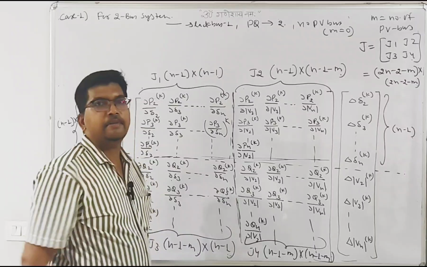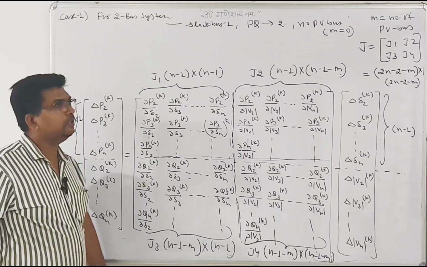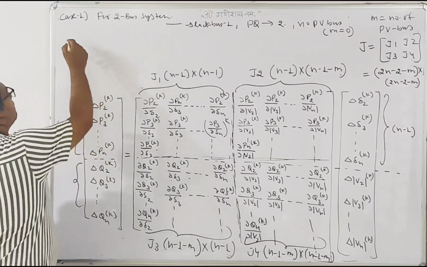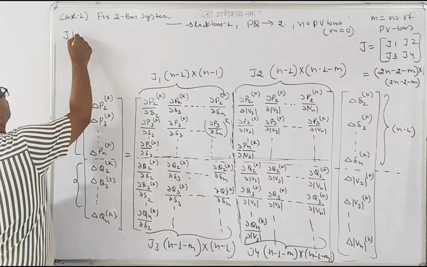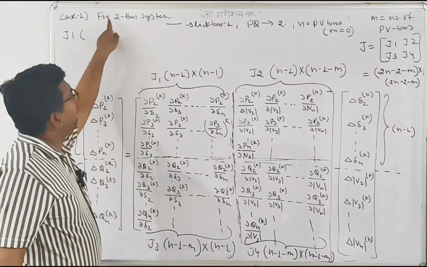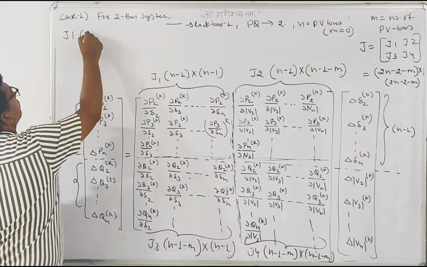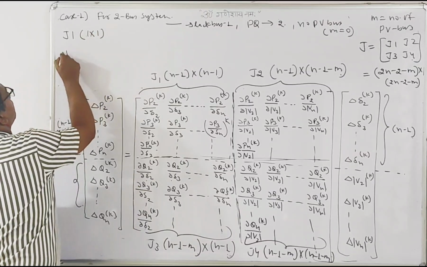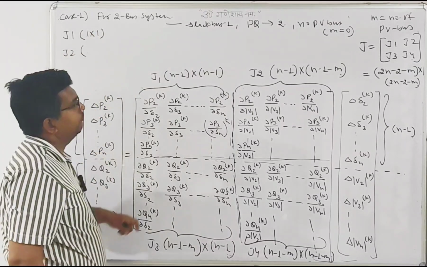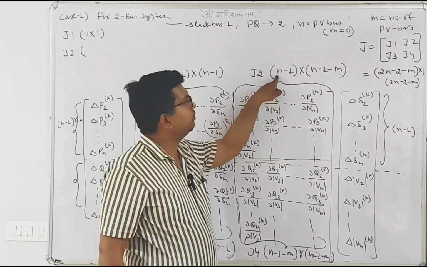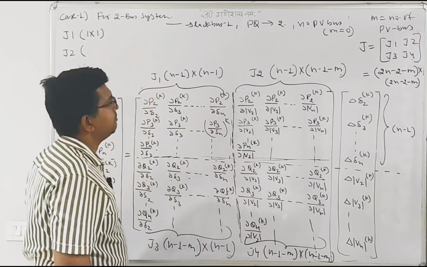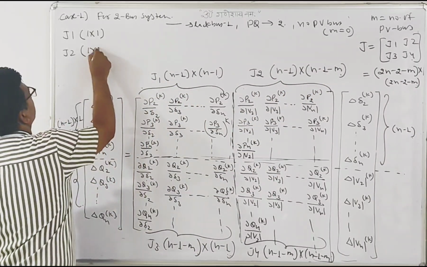Since we have no PV bus, m will be 0. So what is the size of J1? When n is 2, it becomes 2 minus 1, which is 1. So J1 is 1 cross 1. What is J2? With n equal to 2 and m equal to 0, it becomes 1 cross 1.